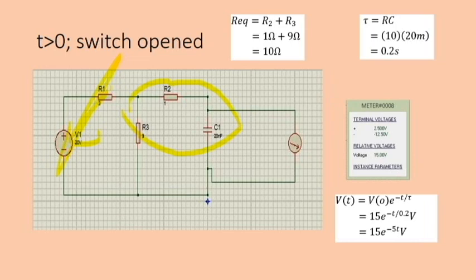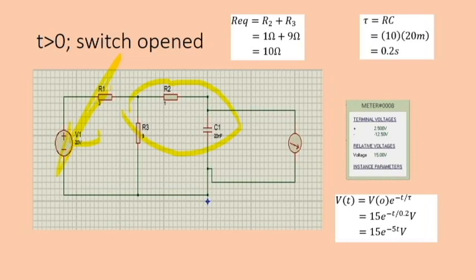Then, we find the time constant, which is RC. The time constant is also known as tau. For the R value, we get 10 ohm from the R equivalent. For C, we get 20 milli from the circuit. Then we get 0.2 seconds. After that, we substitute the values into the final equation. v(t) equals V naught e to the negative t over tau.